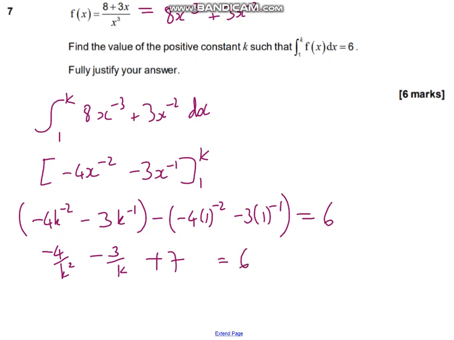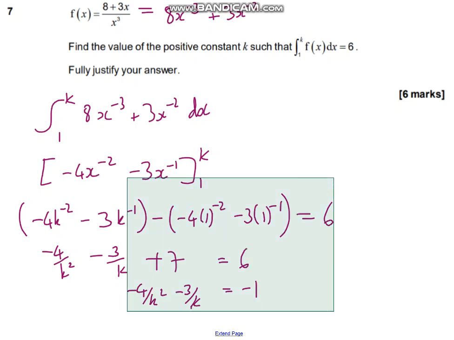So let's take that off, and so if I take that off, then I've got minus 4 over k squared minus 3 over k. You can probably hear the bin van going by. Equal to minus 1. I'm going to multiply all that by minus 1. Before I do that though, let's just make all this stuff a bit smaller.